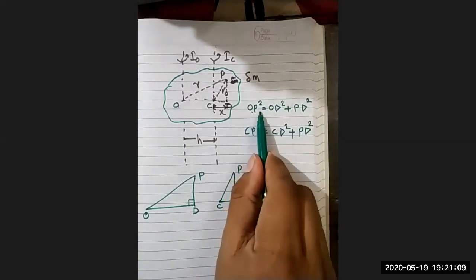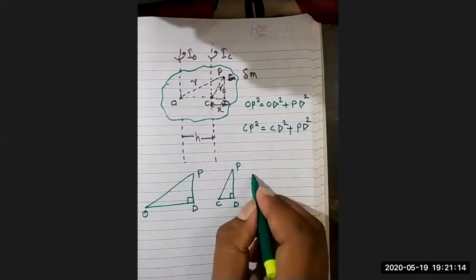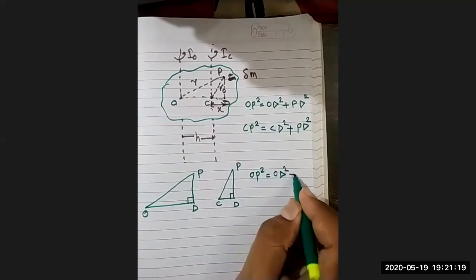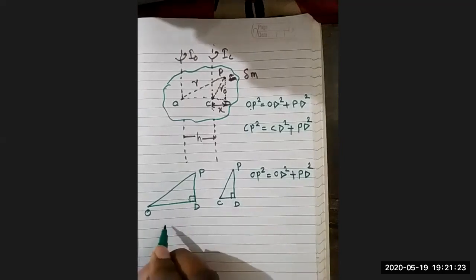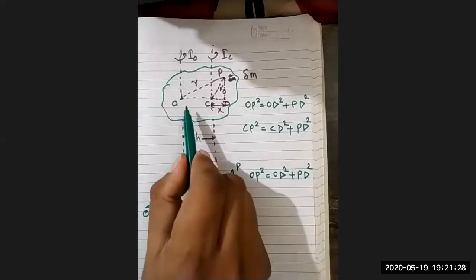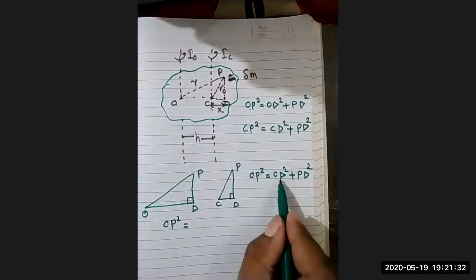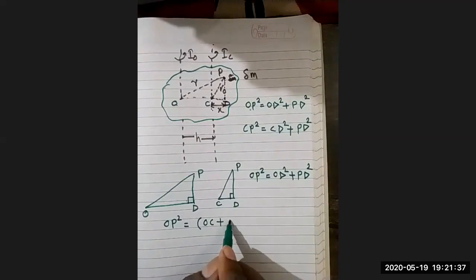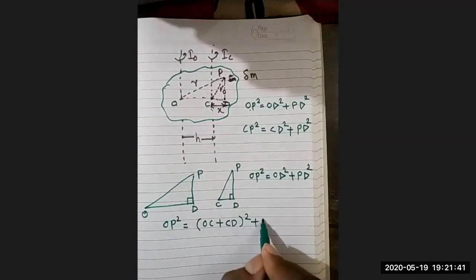From the first equation, I am going to write down this term again: OP square is equal to OD square plus PD square. Now OD is made up of two things, OC and CD. So instead of OD, I write (OC plus CD) whole square plus PD square.